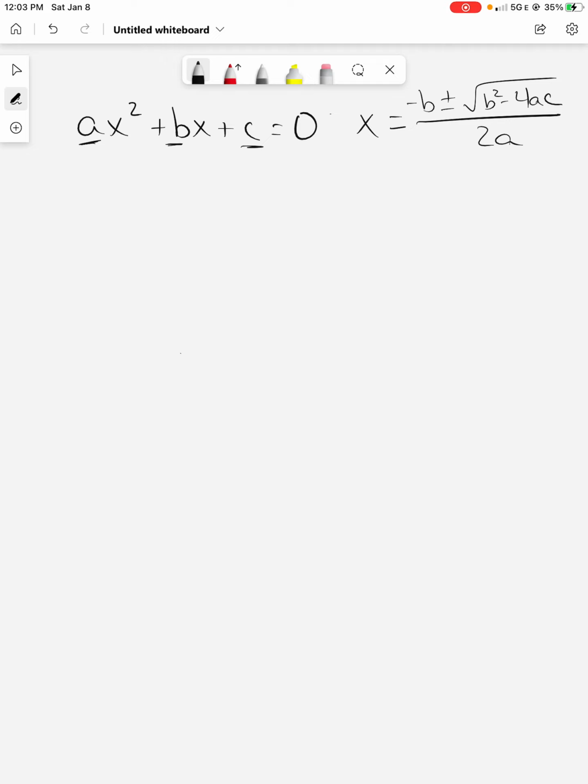So if we have an equation x squared plus 3x equals 9, we can solve this using the quadratic formula. The key thing you have to remember before you put it in the quadratic formula is you have to have a 0 on the right, just like with factoring. So we need to subtract 9 from both sides to get 0.